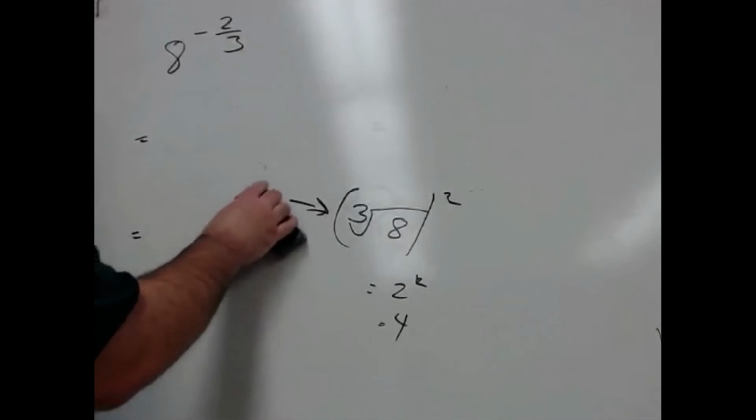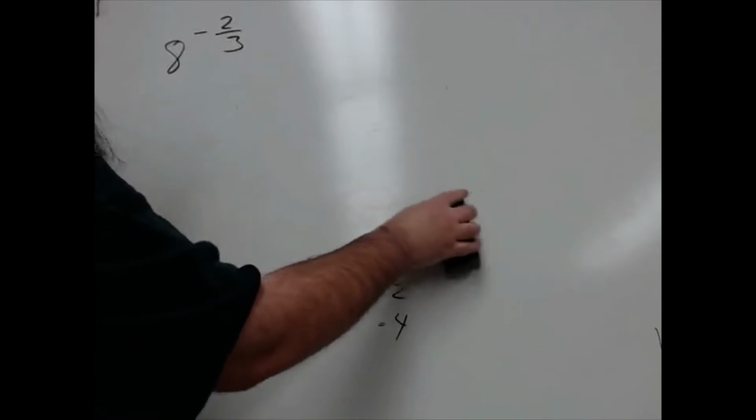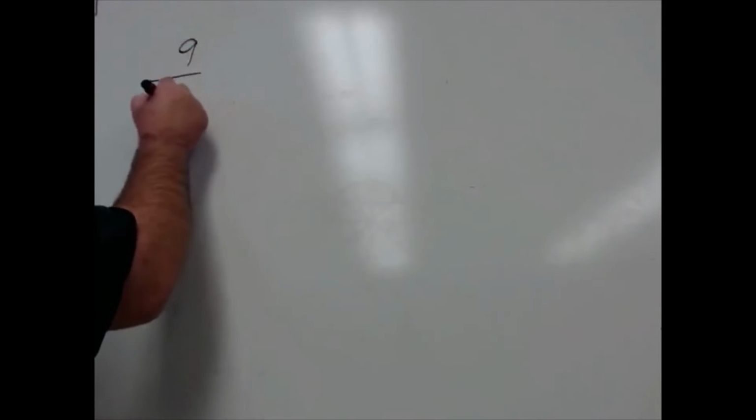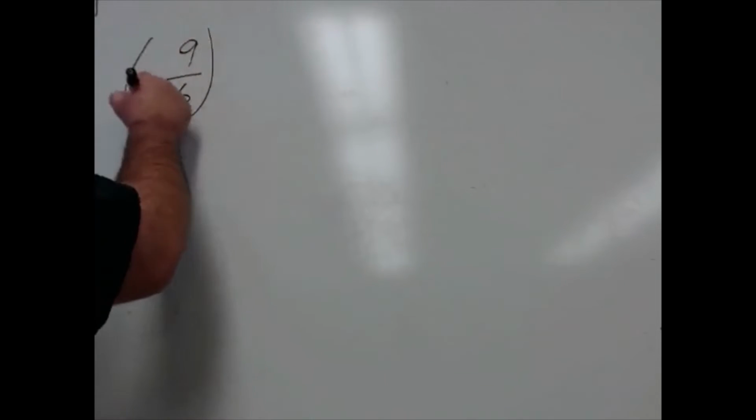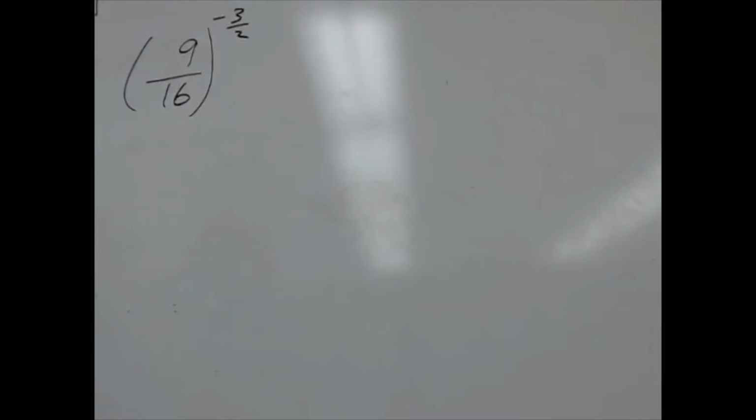Let's look at maybe two more examples, actually. We'll ramp up the difficulty one more step. So let's say we've got 9 over 16, and we're going to raise that to a fractional exponent. There are two ways to do this. There is a shortcut.